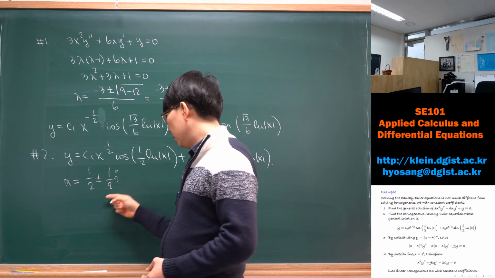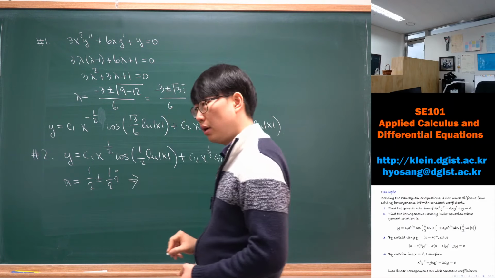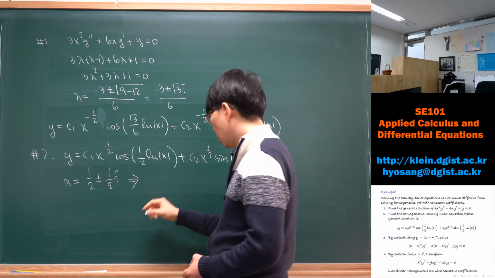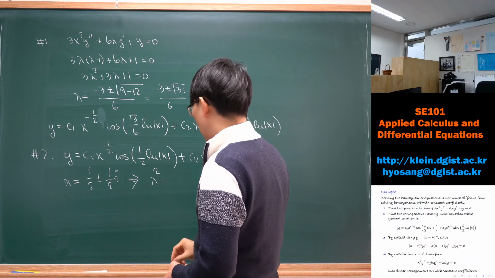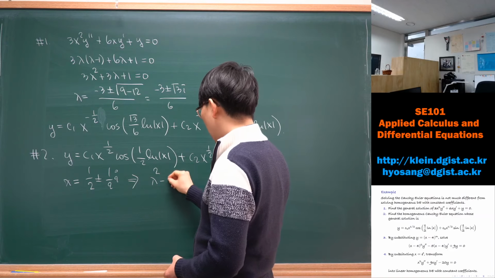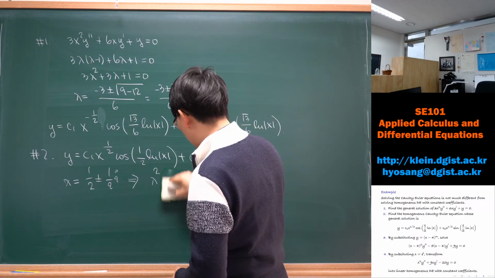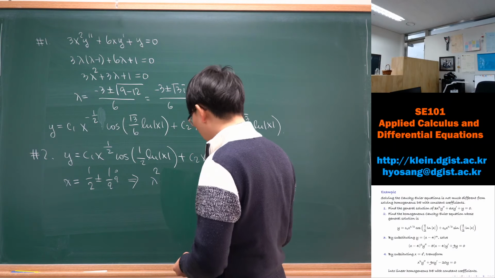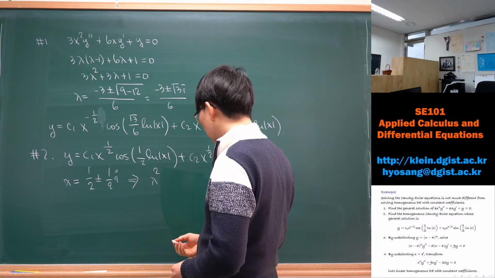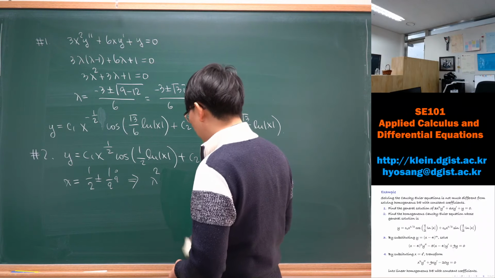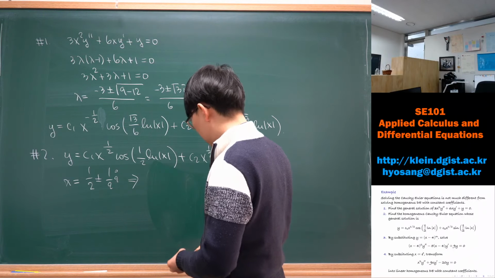If you have these two roots, then the quadratic equation having these roots is lambda squared, and here we should have a lambda term. Let's just start from the beginning.